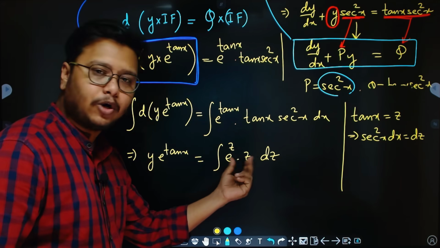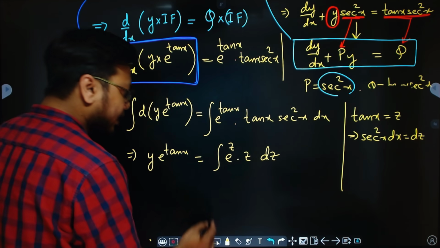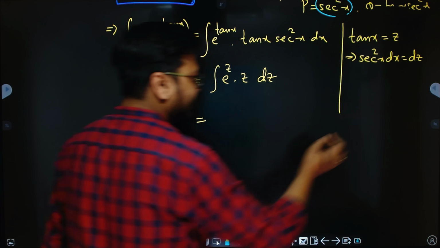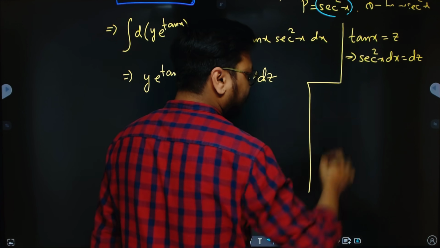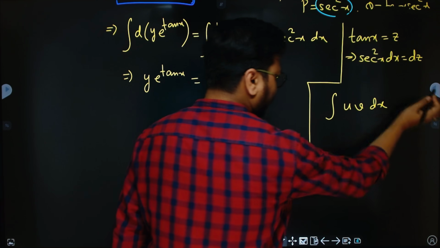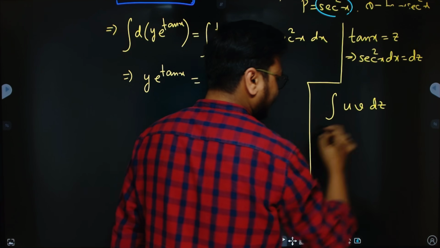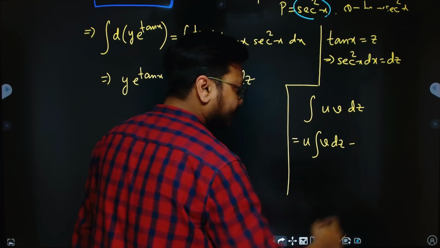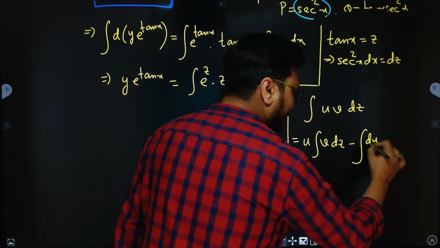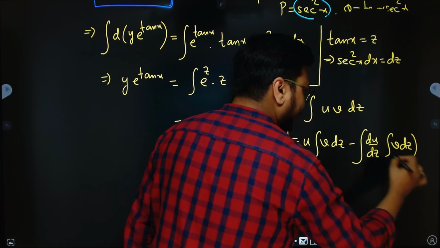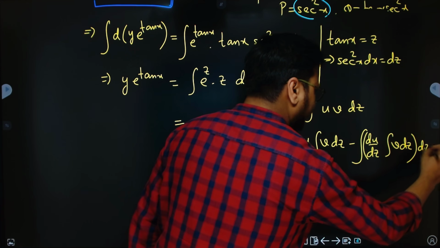So I need to do a product rule for integration over here, the u into v formula. If you have forgotten, I'll write the formula here: integration uv dz is u integration v dz minus integration of derivative of u multiplied with integration v dz, and then a whole dz.